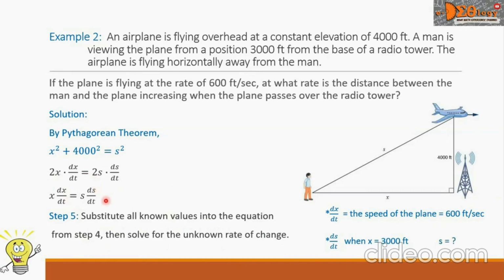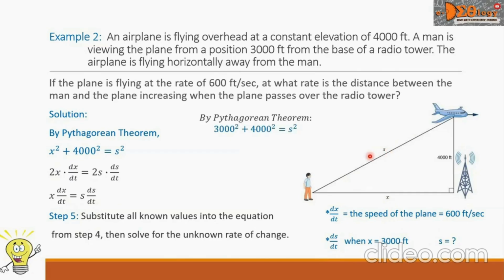And this ds over dt is what is required in the problem. We need the value of s. With regard to the figure here, when x is equal to 3,000, we can get the value of s with respect to the Pythagorean theorem.